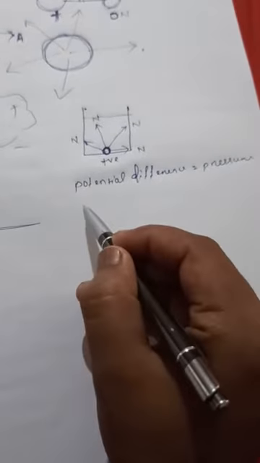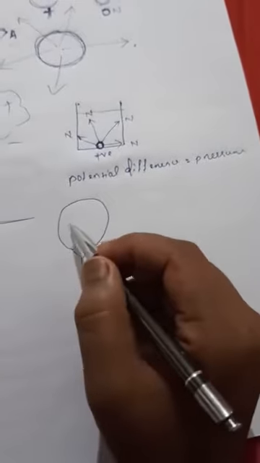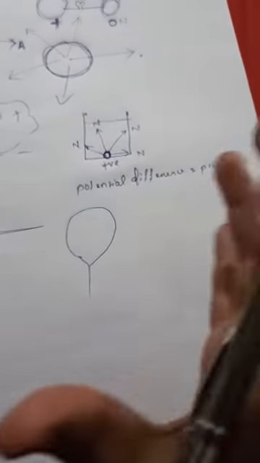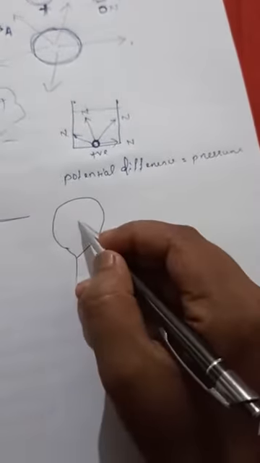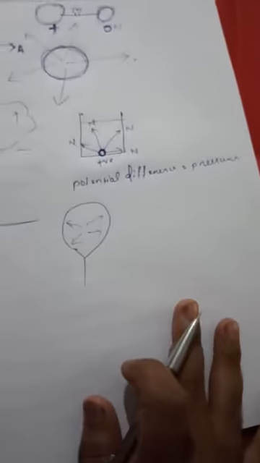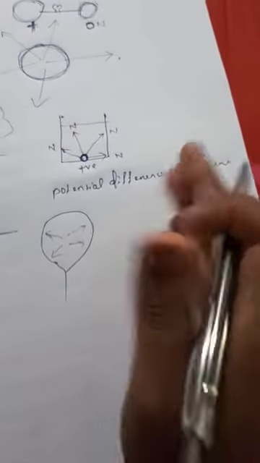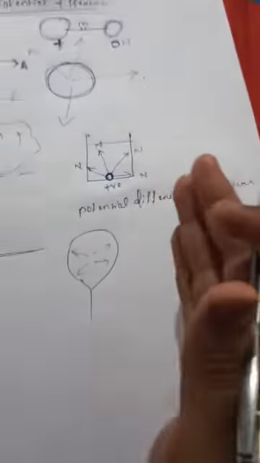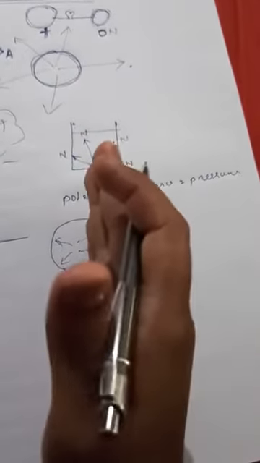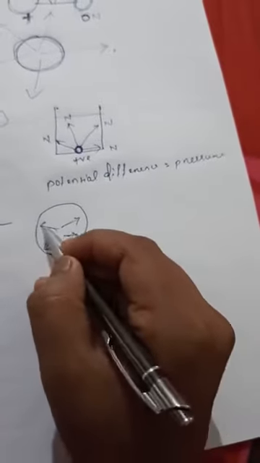How will we define it? Suppose I take another example: here is a balloon. Inside it, the air is compressed, so all the air is applying pressure on it. Then how will you know the amount of pressure here? We should press it in the opposite direction, so that we can say all the air is applying pressure.